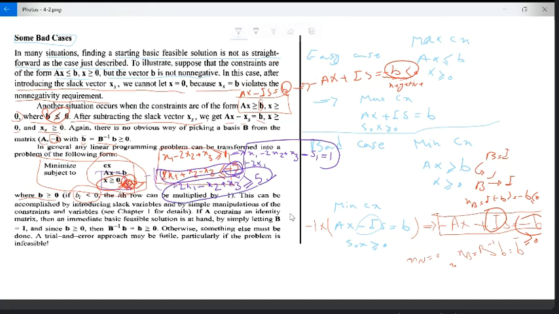-2x1 minus x2 plus x3 minus s2 equal to 5. We have R and minus I. This is bad. We don't have a basic matrix.